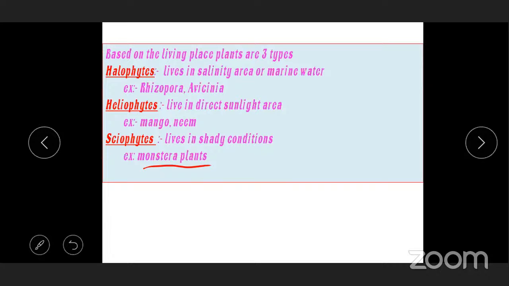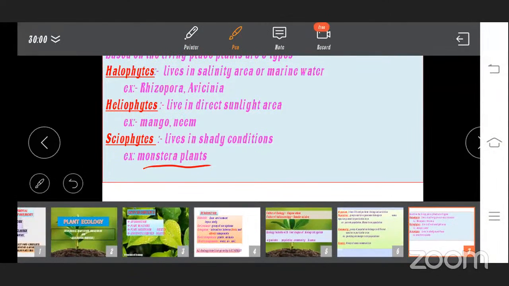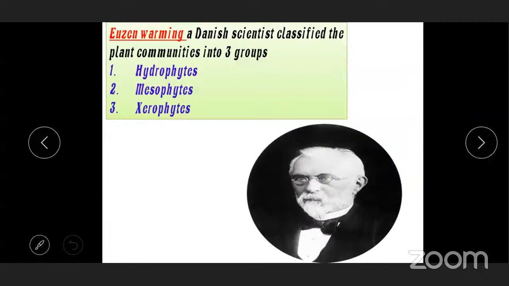After this, the famous scientist was Eugene Warming, a famous Danish scientist and ecologist. He classified the plant communities into 3 groups.